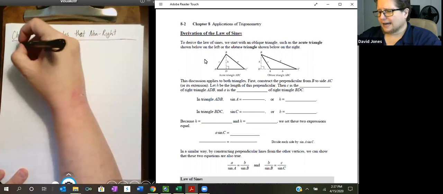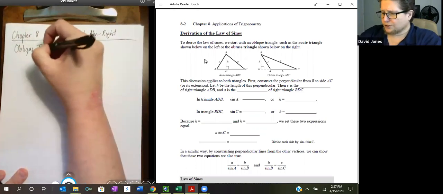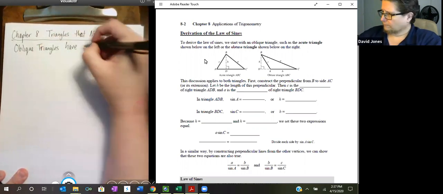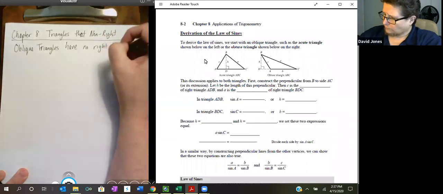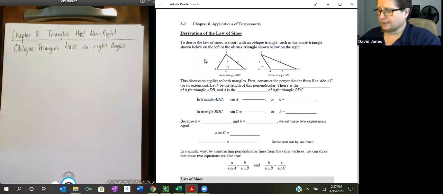Triangles that fall in this category are called oblique triangles. Oblique triangles do not have right angles in them. They fall into two categories.